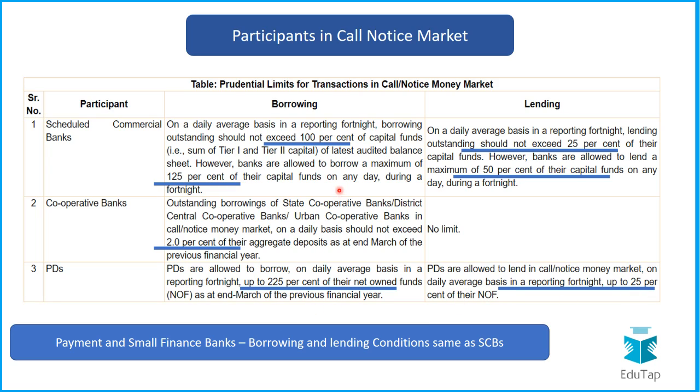So these numbers you have to remember: 100, 125, 25 on average basis for 15 days, 50 on daily basis, 2% on daily basis of aggregate deposits, no limit on lending, and for PDs 225% as a daily average basis of their net owned funds, and lending should be 25% on daily average basis for 15 days of their net owned funds. And for payment and small finance banks, the conditions which we have studied in scheduled commercial banks, the same conditions will apply.